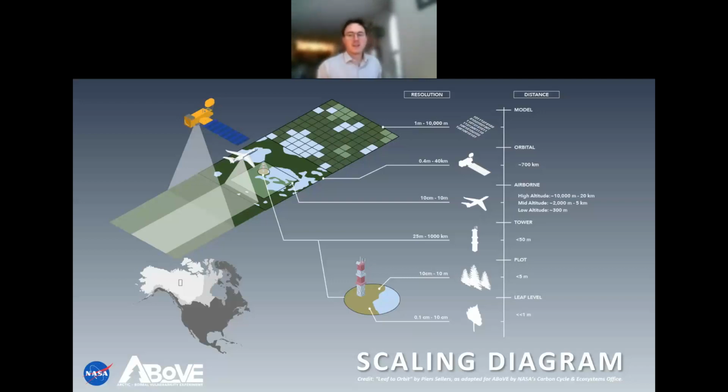I just wanted to start this presentation off by reminding you all of the NASA leaf to orbit framework that's depicted here in the scaling diagram. Essentially, the idea is that fantastic science and great geospatial data products can be made by synthesizing data across multiple scales.